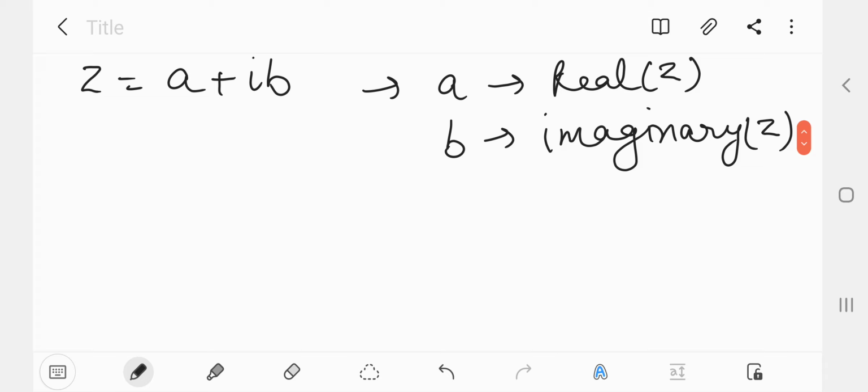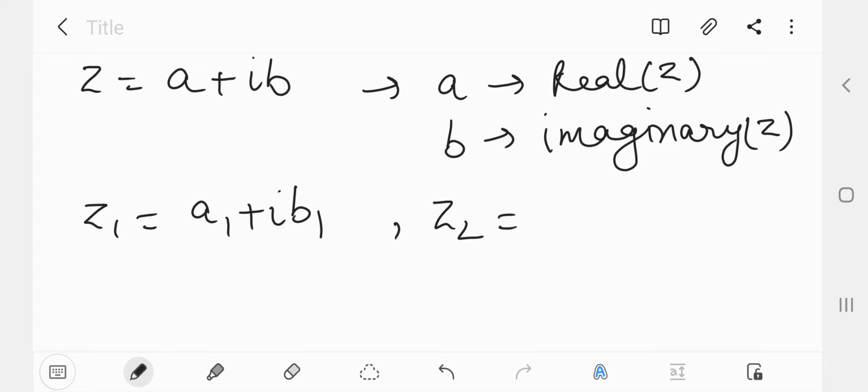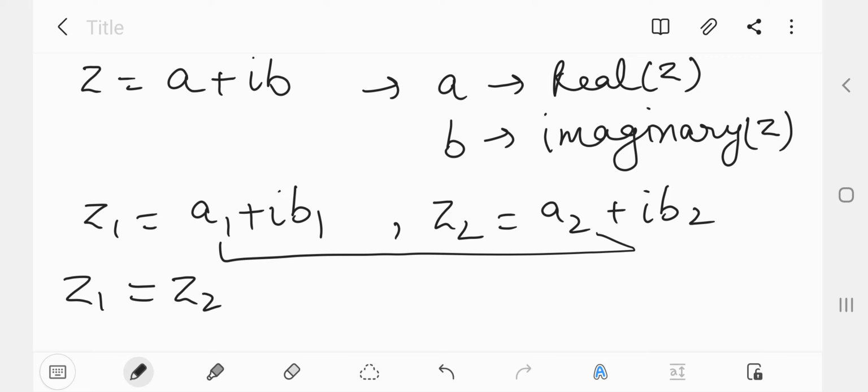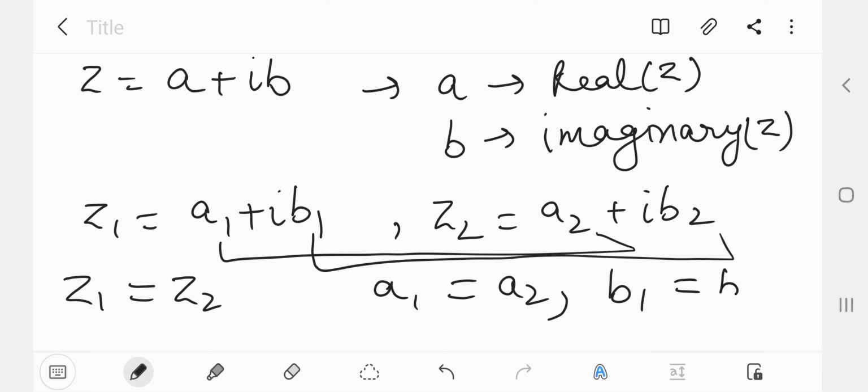When we compare two complex numbers, Z1 is equal to A1 plus iota B1 and Z2 is equal to A2 plus iota B2. Then we compare Z1 is equal to Z2. Then how to solve? We take real part equal to real part and imaginary part equal to imaginary part. A1 is equal to A2 and B1 is equal to B2.